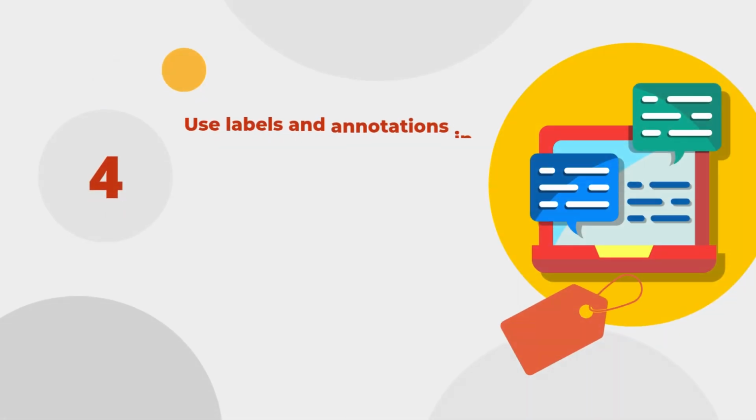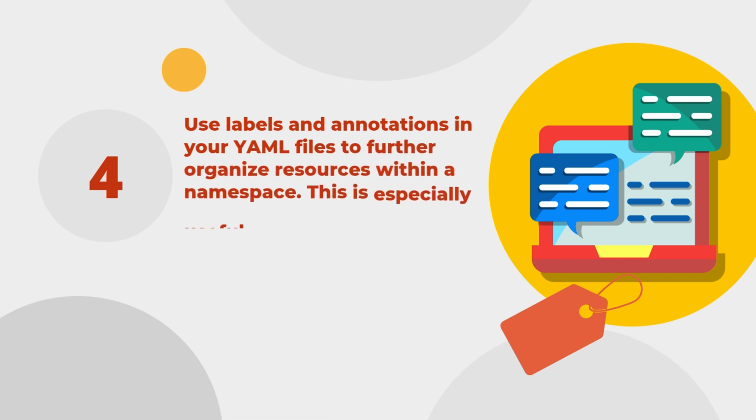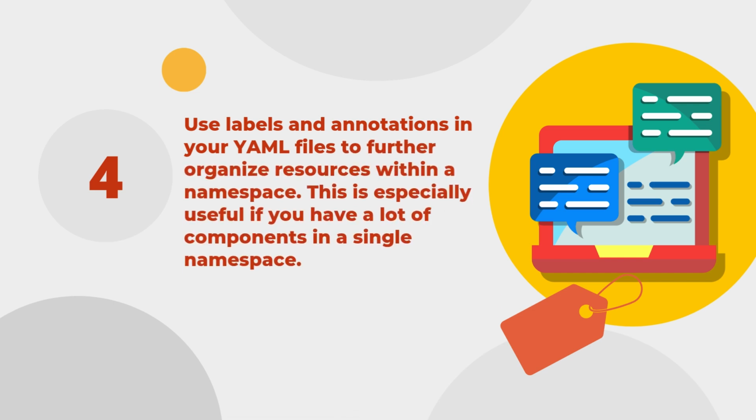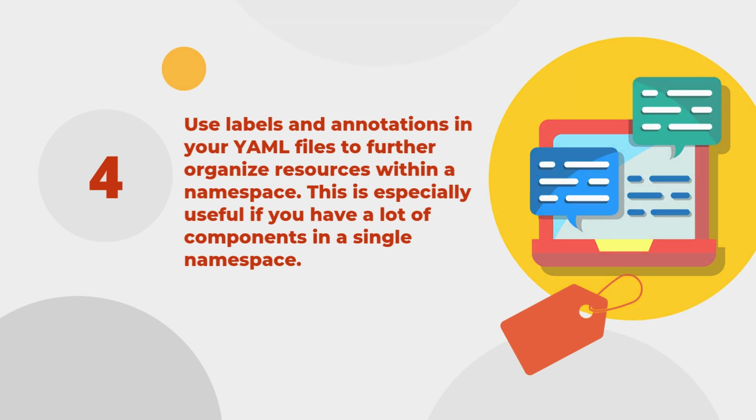Use labels and annotations in your YAML file to further organize resources within a namespace. Remember, we were using labels while creating the pods or deployments. So with the combination of labels and namespaces, we can better classify our resources. This is especially useful if you have a lot of components in a single namespace.